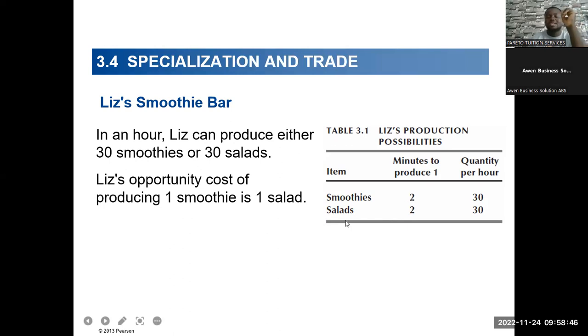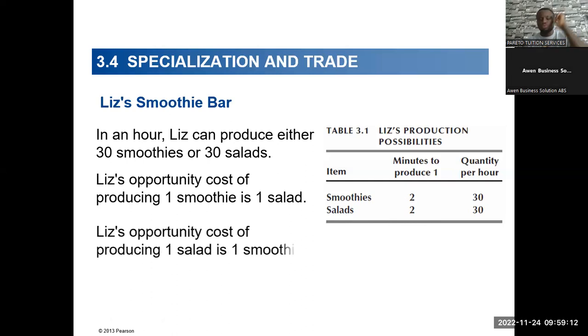If you want to produce 1 unit of smoothie, you need 2 minutes, which means that if you want to increase salad by 1 unit, you have to sacrifice 2 minutes that you are using to produce smoothie. And that 2 minutes could have produced 1 unit of smoothie. So the opportunity cost of producing one salad will be 1 smoothie that you have to sacrifice. And the opportunity cost of producing 1 smoothie will also be 1 unit of salad that you have to sacrifice. Are we together?